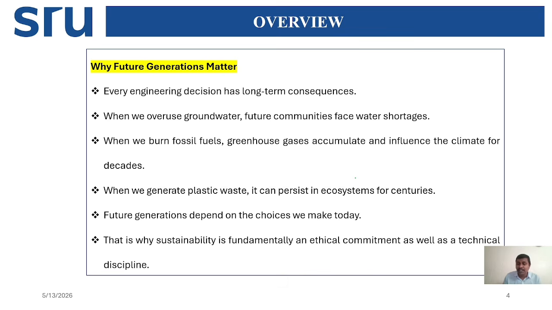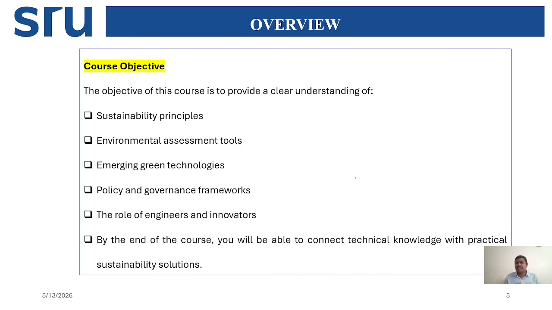Sustainability is a fundamental and ethical commitment we have to give to the technical discipline, maintained for future generations. This course mainly focuses on the objectives. What we learn is the sustainability principles and how to integrate them to assess environmental tools, then emerging green technologies to integrate sustainability aspects, and policy and governance frameworks. We also have to think about the role of engineers and innovators. By the end of this course, we should learn how to connect technical knowledge with the practical implications of sustainability aspects.